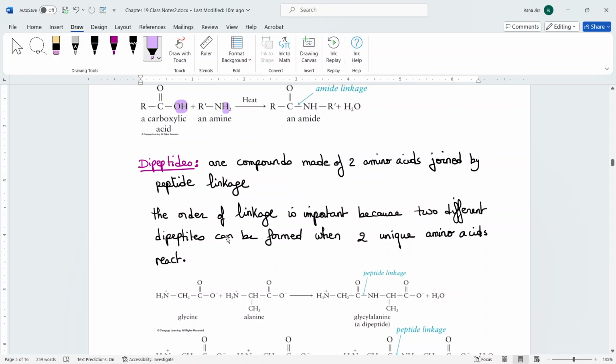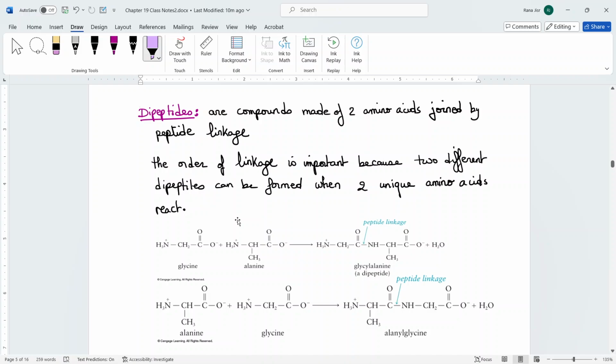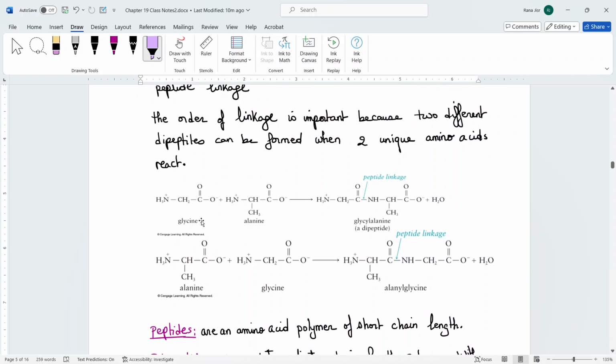Now, how do you connect amino acids together? The order is very important because two different dipeptides can be formed whenever two unique amino acids react. So let's have an example. Let's say I want to connect glycine and alanine.